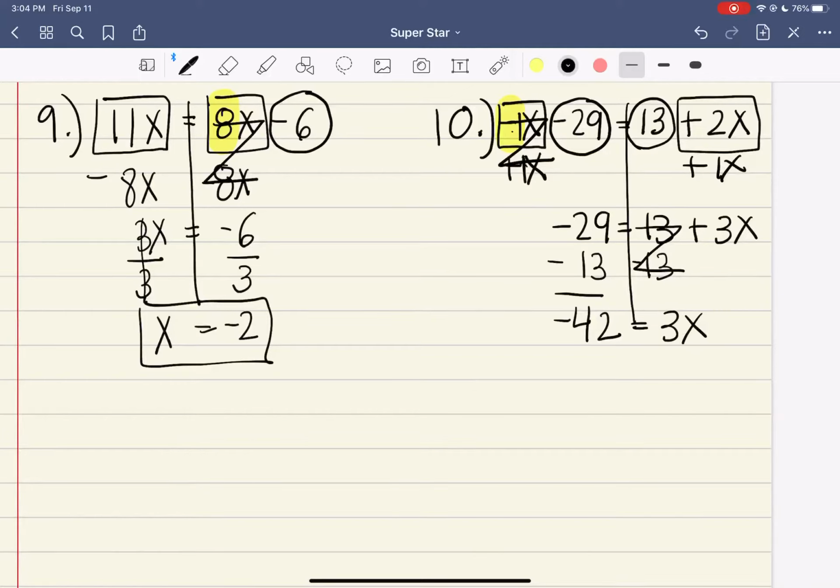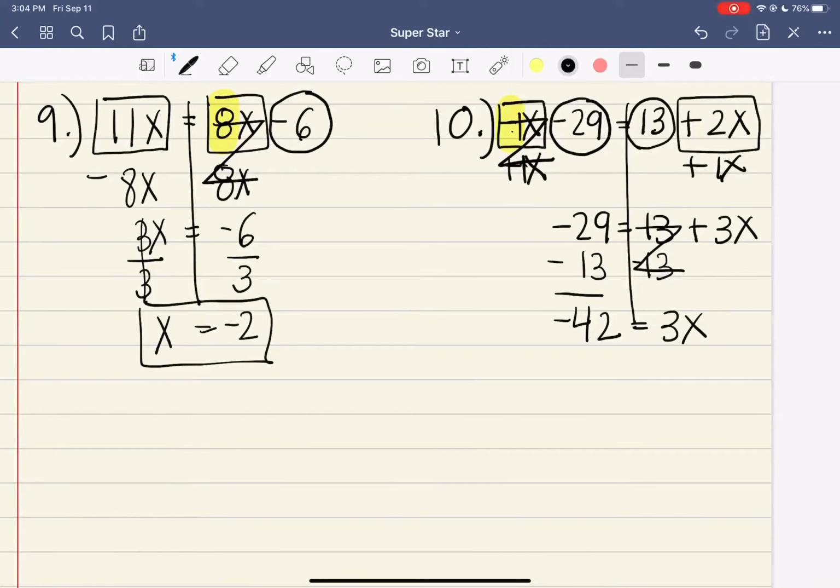So we're almost done. Now we're going to divide both sides by our coefficient of 3. This will become 1, we'll be left with an x. And negative 42 divided by 3 is going to be negative 14, because a negative divided by a positive is still a negative.